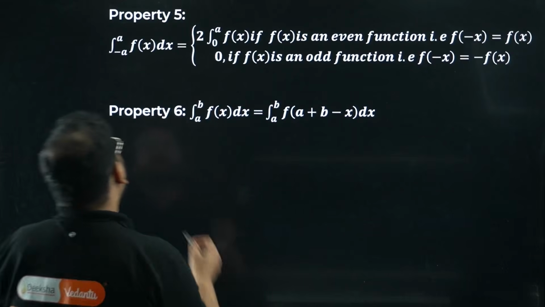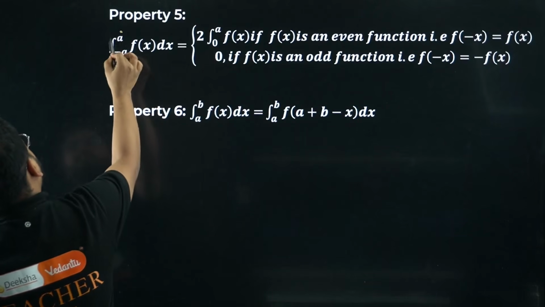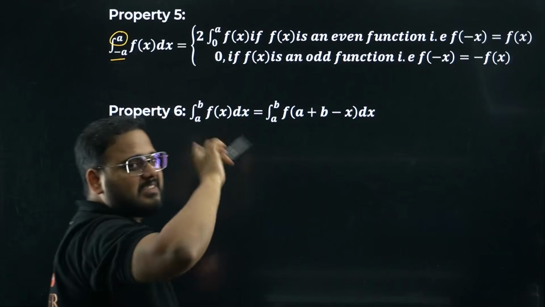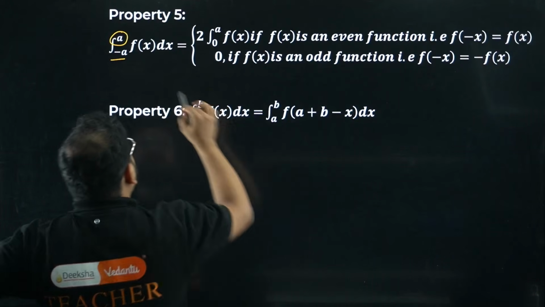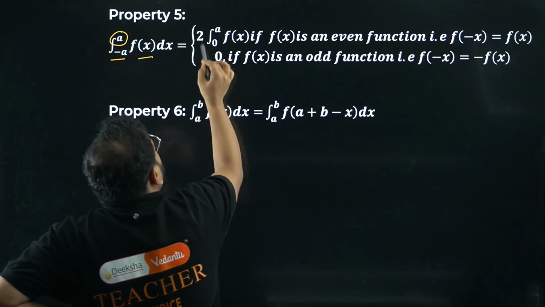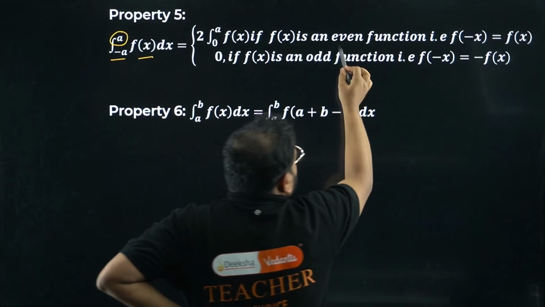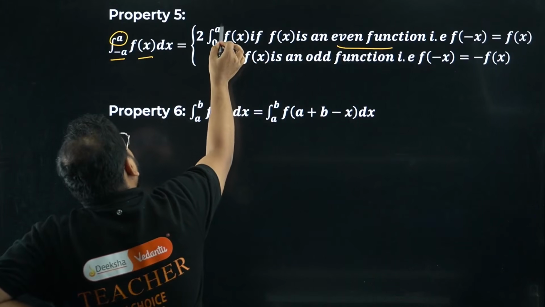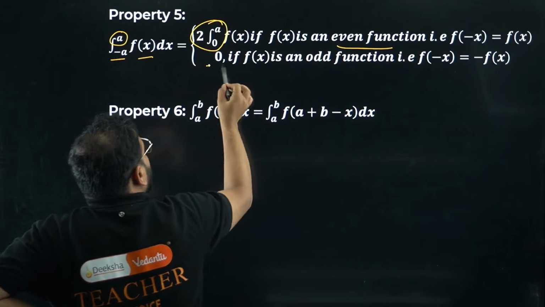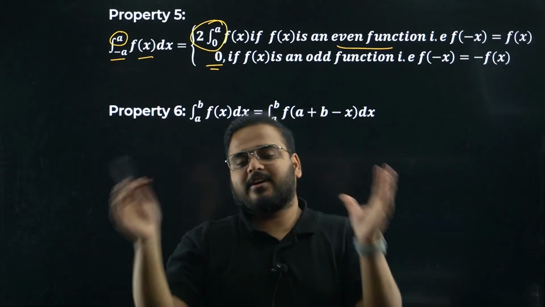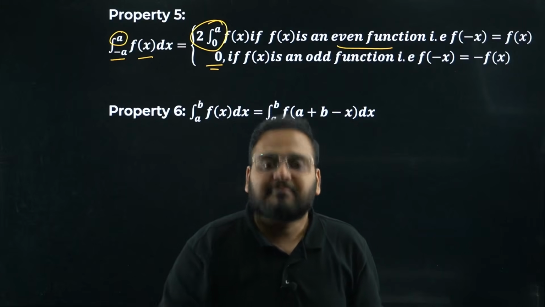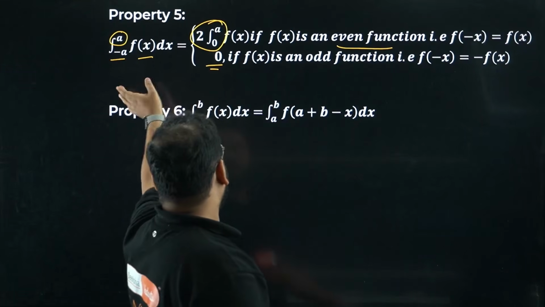If you have the integration between minus a to a, this is very, very important. Minus a to a means the negative of the same limit to the positive value. What happens is, if f(x) is an even function, it comes as twice the integral from 0 to a. If it is odd, it will become 0. In questions, you'll see they give you a very complicated function to integrate from minus a to a.